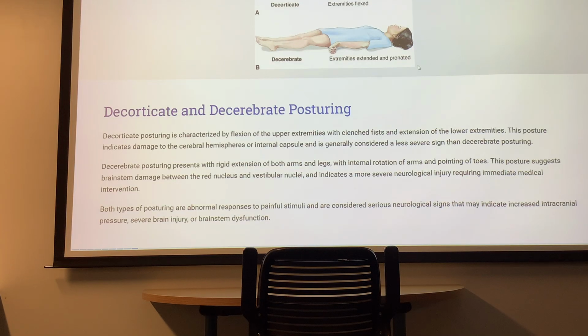So your decerebrate posturing presents with rigid extension of both arms and legs. This posturing suggests brainstem damage, right? Where decorticate is the cerebral hemispheres, right? So your decorticate is up here, decerebrate is your brainstem, right? So it depends on where the damage is, what position they're going to be in, what posturing they're going to present with, okay?